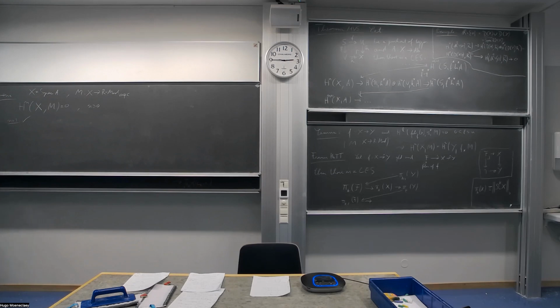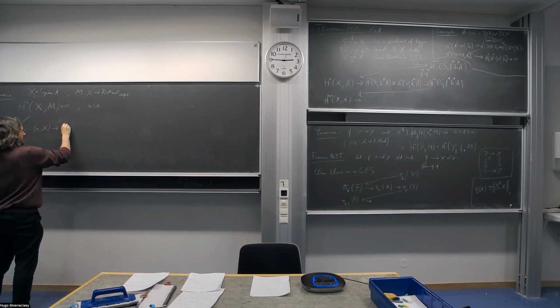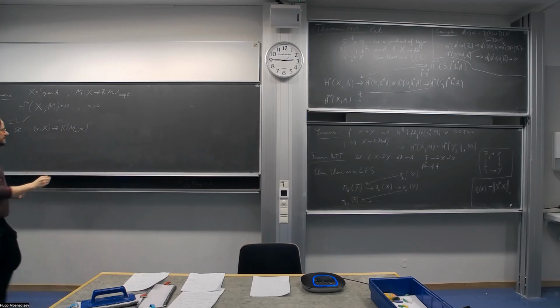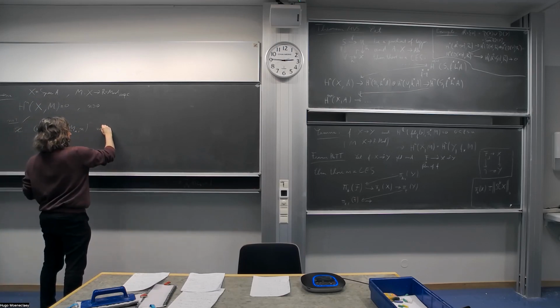So you kind of do the same again. You want to show that this type here is connected. So you want to show some cohomology class, some type of this form, is connected.